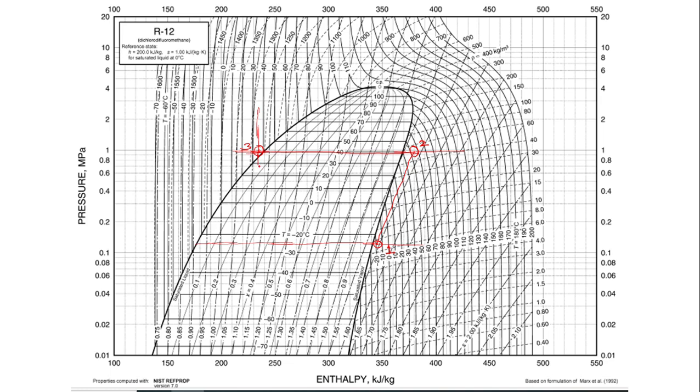And from here you'll follow the straight line down, which will give you the point number 4, wherever it is intersecting the evaporator pressure, evaporator temperature, which is -25. Then this is 40 degrees Celsius. This is 1 to 2 process, compression. 2 to 3 is condensation.